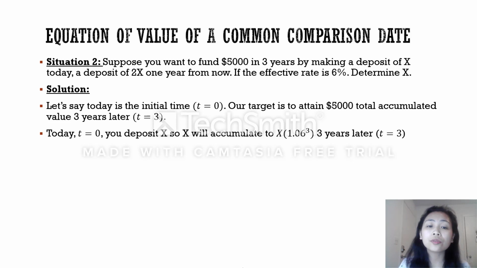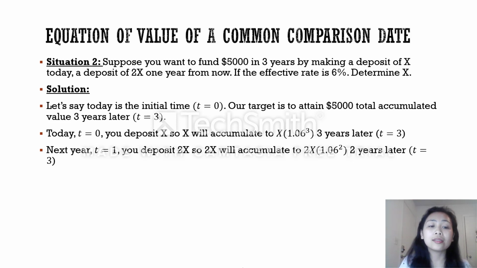At time t equals 3, the first deposit will accumulate to x times 1.06 cubed. The second deposit is deposited at time t equals 1. At time t equals 3, it will accumulate to 2x times 1.06 squared, because it is 2 years later.